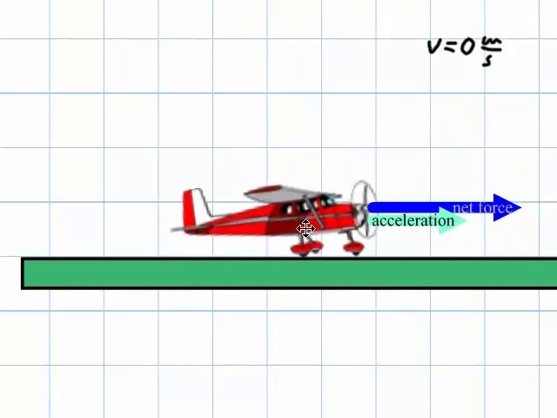We have now actually 4 forces: weight down, support force up, thrust forward, drag backwards, or friction because it's still on the runway, and all those 4 added together comes out to the net force, which then produces an acceleration according to the mass of the airplane. And now that it's accelerating, the velocity indeed is increasing.